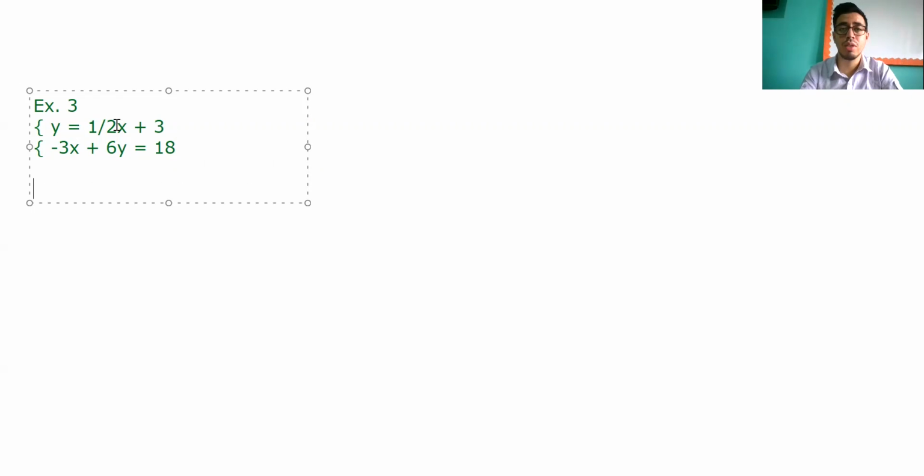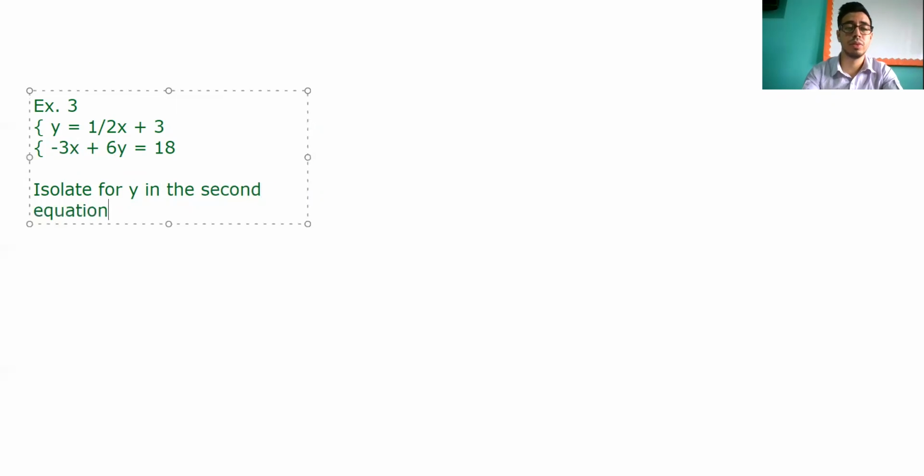You have already isolated the variable y. But in the second one, you don't isolate the variable. You can see that you have negative 3x in here, and you have 6 multiplying the variable y. So we need to isolate y in the second equation, okay?